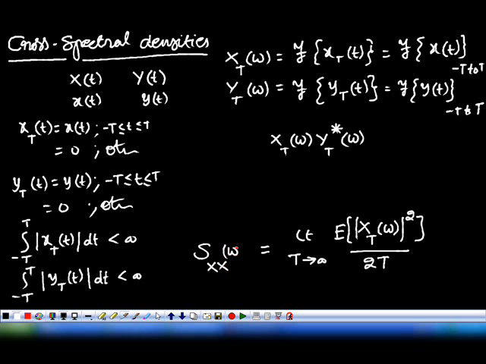Now can I write this as the limit T tends to infinity of the expectation of XT of omega into XT star of omega divided by 2T?